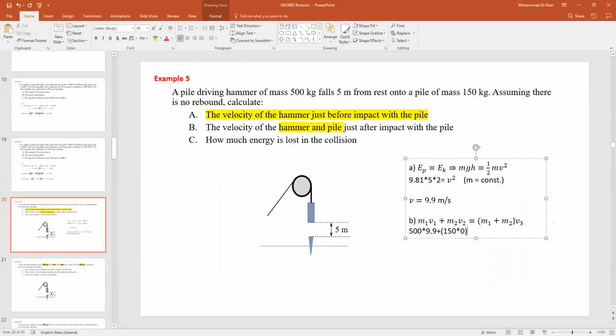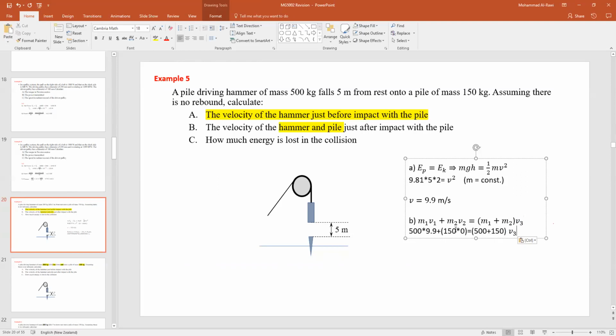Close the brackets, equals the total mass after impact, 500 kgs plus 150 kgs, the mass of the hammer plus the mass of the pile, all of that multiplied by the new velocity after impact, which we call V3.